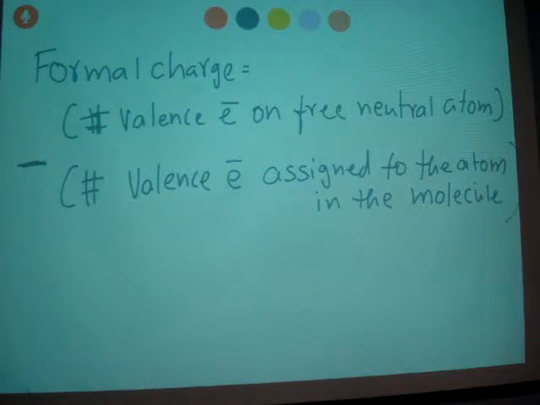So you can see this is for a neutral atom and this one is in a molecule.